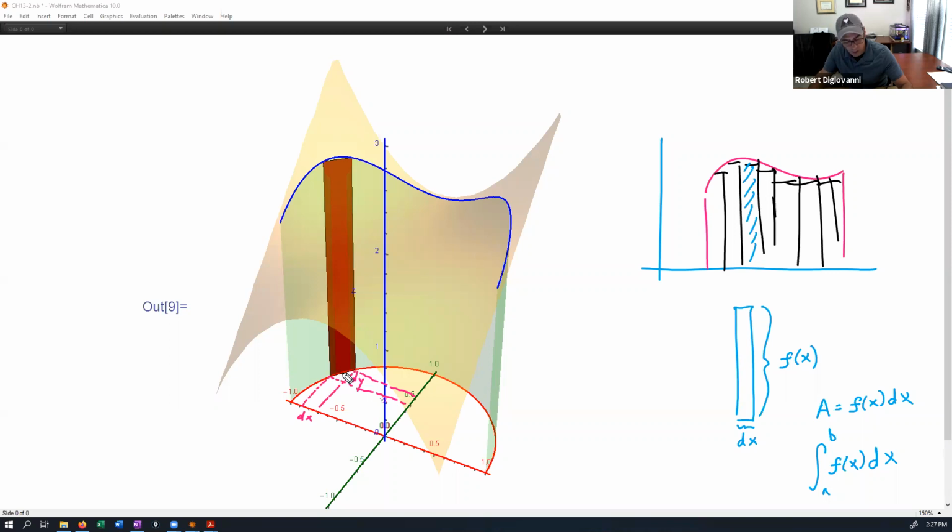We need to look at the base of our rectangle as being the hypotenuse of the little triangle on the ground. That's how wide our little slice is. It's not like this one where the base was just dx. Because we're moving along the curve, it's always got to be the hypotenuse of this little right triangle on the ground. Y'all see how that's different than what we've done before? Okay, all right, so that's where we're headed.